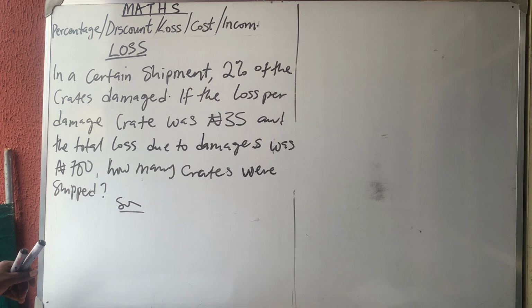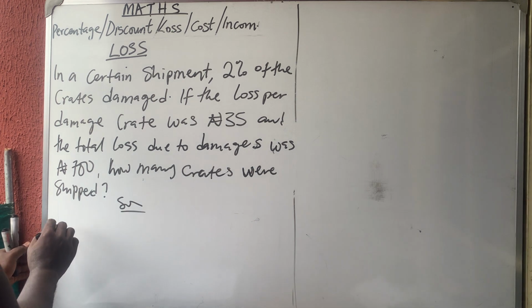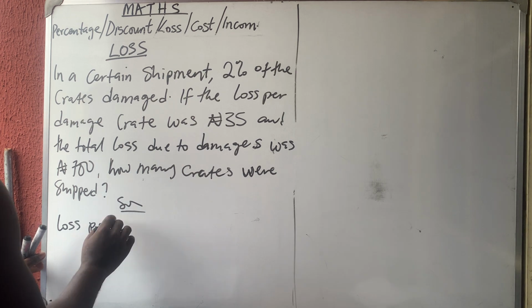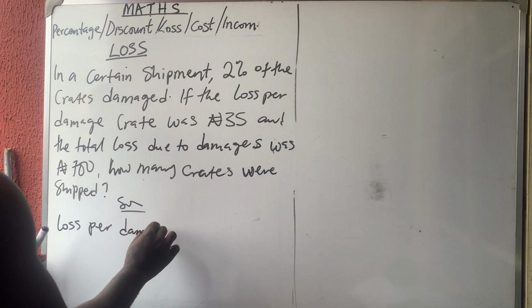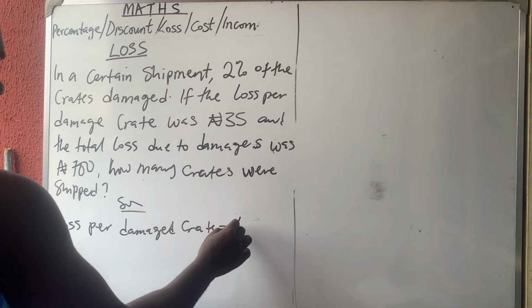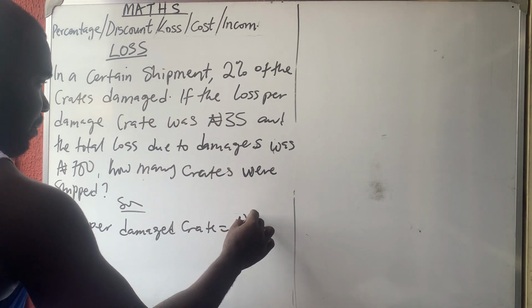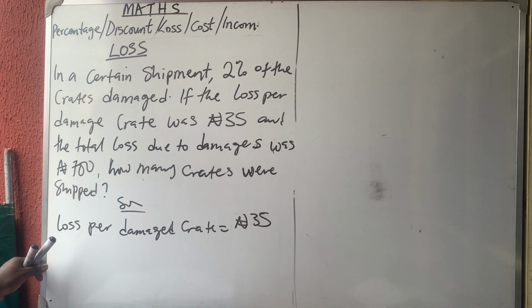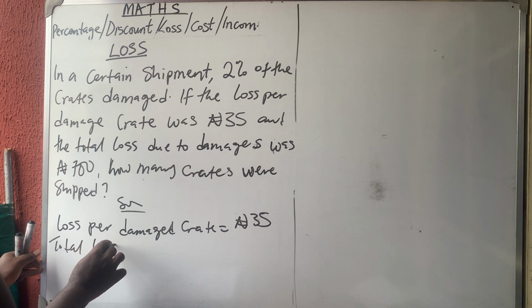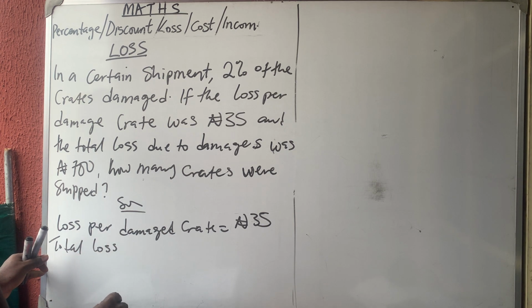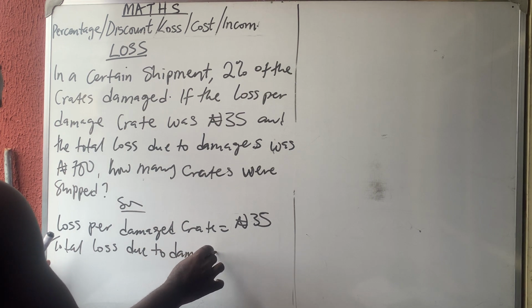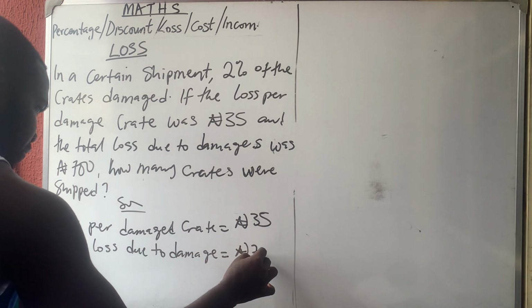Okay. So we have that the loss per damaged crate is 35 naira for each of them that damaged. And the total loss due to damage is 700 naira.